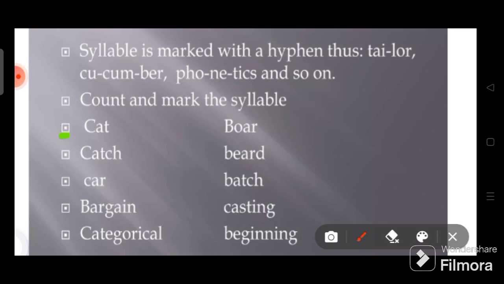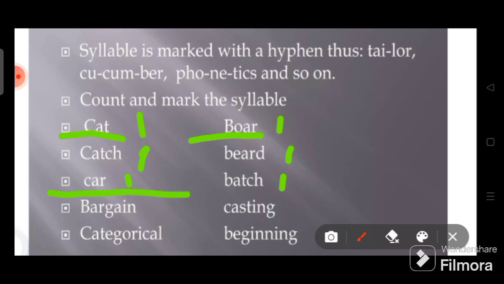So how do you mark them? How many syllables are there? For example, cat, one syllable; boar, one syllable; catch, one syllable; beard, one syllable; car, one syllable; batch, one syllable.